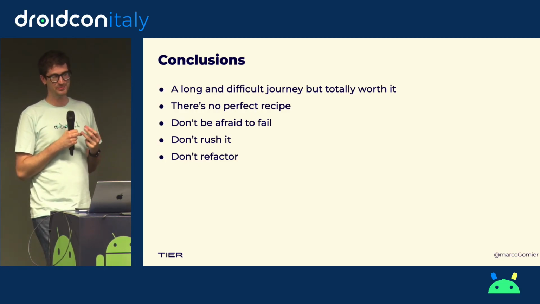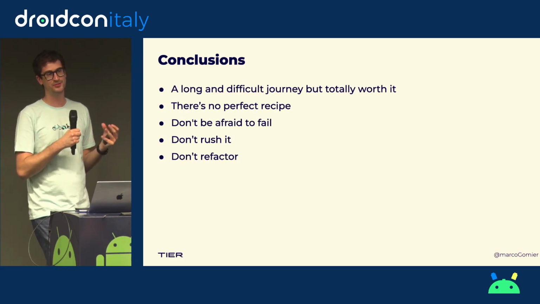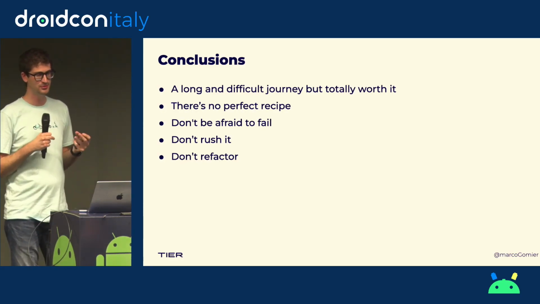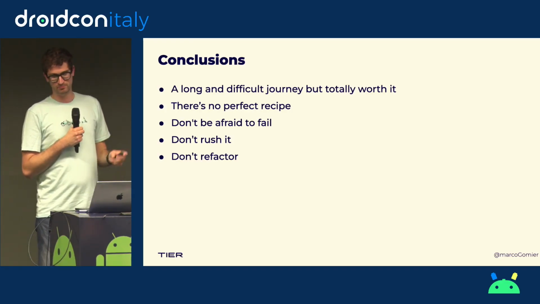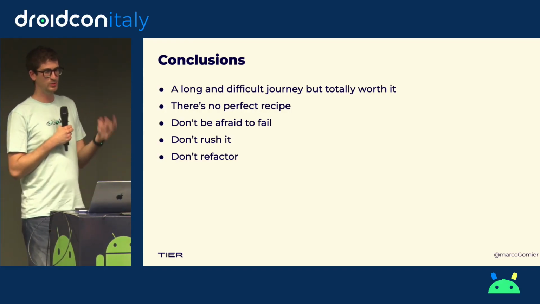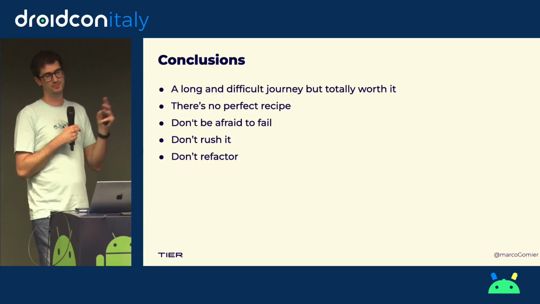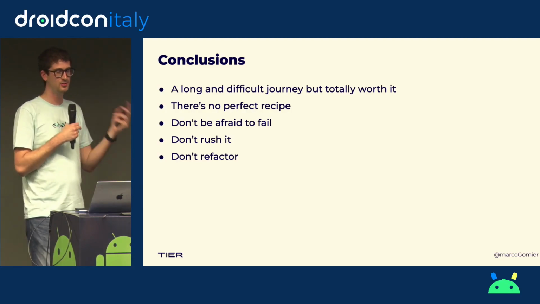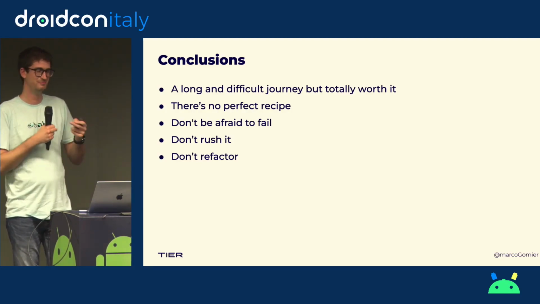But if you stop to refactor it, then you never finish the modularization. So just put a to-do, a ticket, a post-it, whatever you are using, but just leave it there, close your module, and then come back later, or never come back, like most of the time.